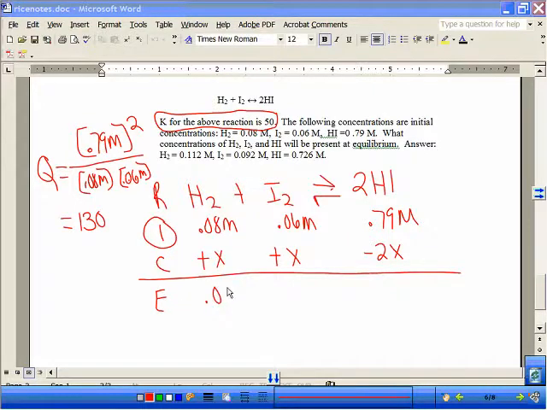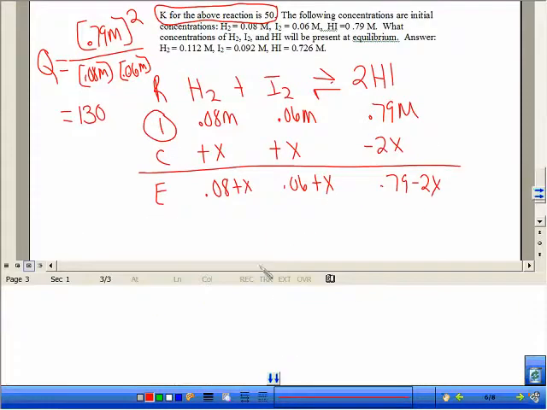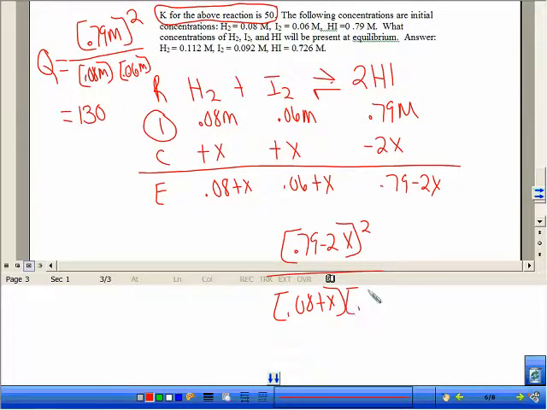On number 29 on your homework, that's all they want you to do, is to figure out Q and find out if it's going to go forward or backwards. It's not going to make you solve it. This one we're going to go ahead and solve. We know that we're using x's because I've been given a K. So now I would take 0.79 minus 2x and square that, and divide by 0.08 plus x times 0.06 plus x.